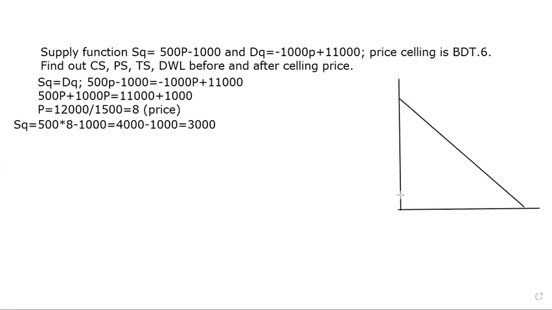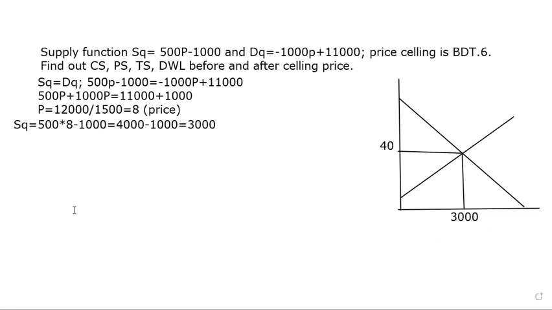We can say this is the supply line, and because we have some initial cost, that is fixed. So our equilibrium price is 8 and our quantity is 3,000. The horizontal line represents quantity and the vertical line represents price.